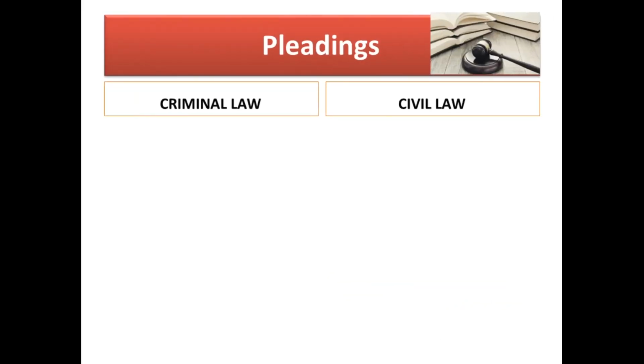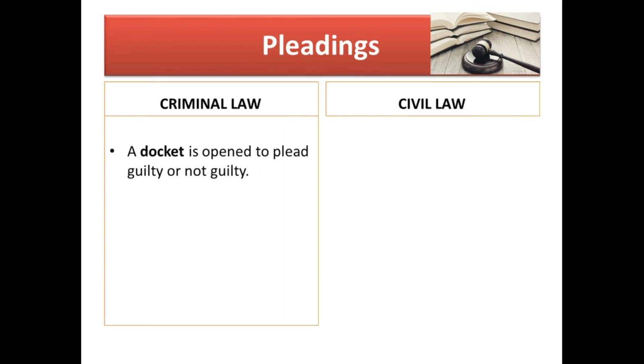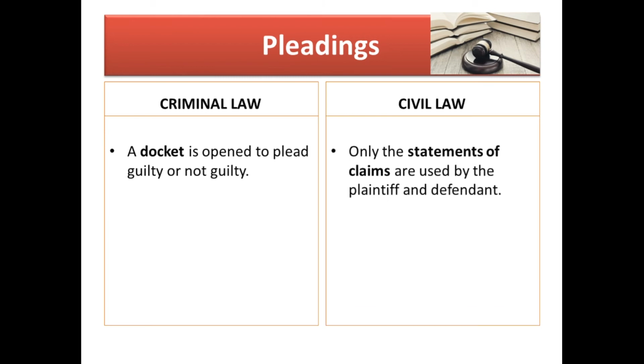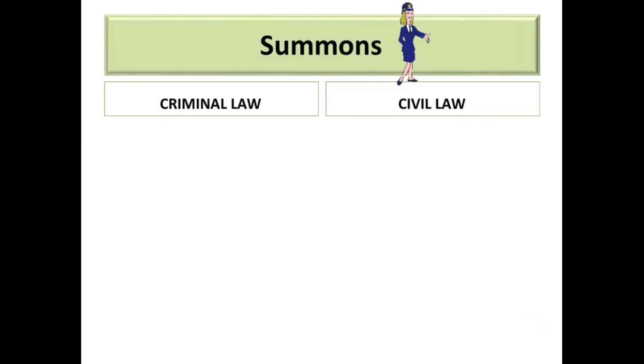Next, the pleadings. In criminal law, a docket to plead guilty or not guilty is opened. A docket is the official schedule of proceeding in lawsuits pending in the courts of law. In civil law, only the statements of claims are used by the plaintiff and the defendant. Now the summons.